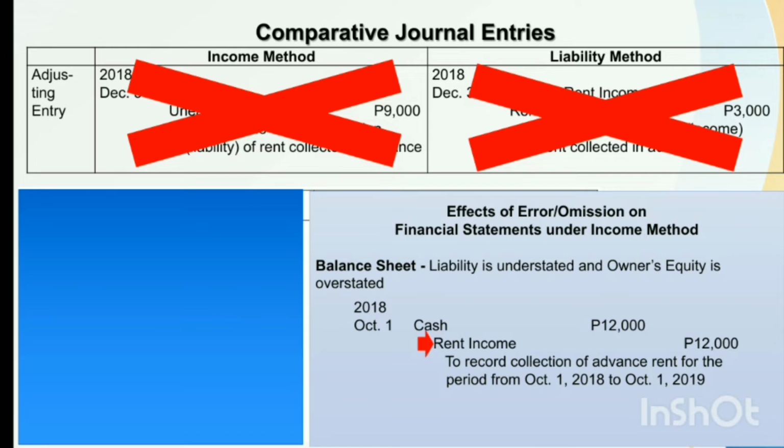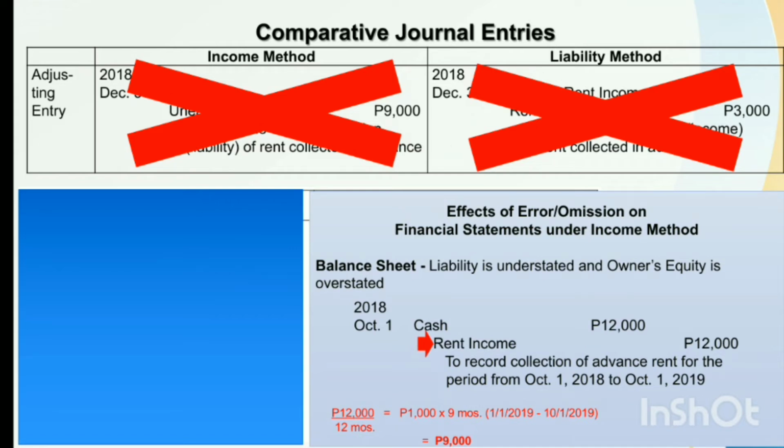Kasi alam natin, the correct rent income balance is 3,000 pesos and then the remaining 9,000 pesos is still a liability. So, kung walang adjusting journal entry, etong 9,000, hindi to ma-recognize. Ibig sabihin nun, kung hindi siya ma-recognize, hindi to siya makakasali sa ibang liabilities ng company.